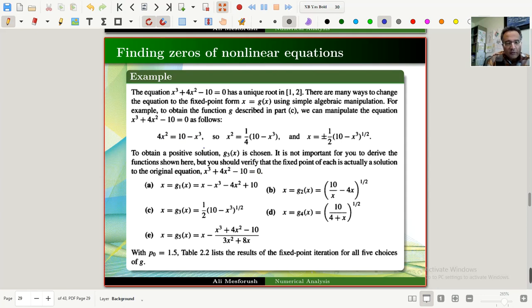For this one, you keep x cubed, look at me, x cubed equals 10 minus 4x squared.